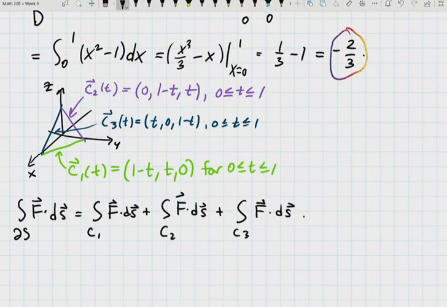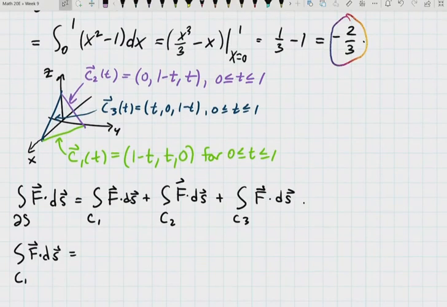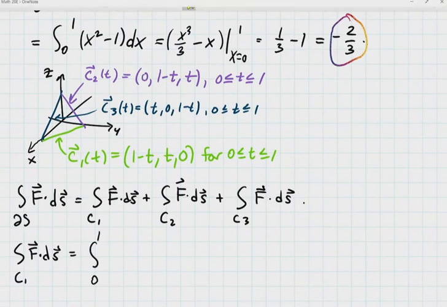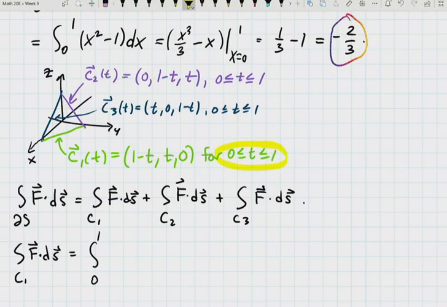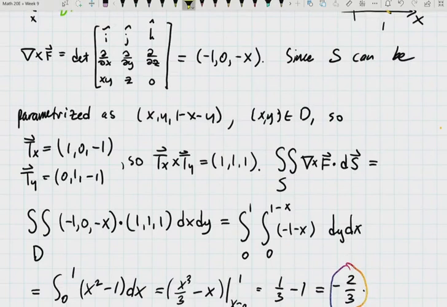So let's do the first one, the integral of F over C1. It is the integral, t going from 0 to 1, of F of C1 of t. What was F? F was this function. F of C1 of t is x times y, that's t times 1 minus t, 0, 0.